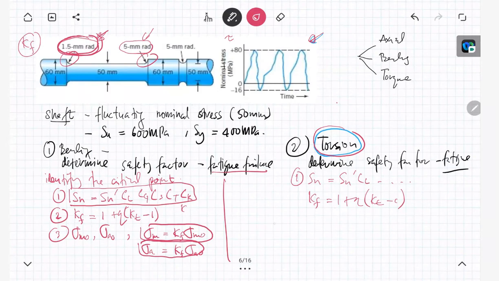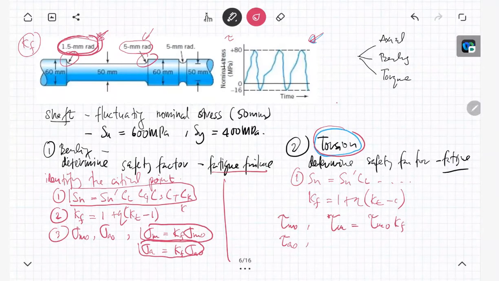Then you calculate the mean shear stress. So then you get the value of mean shear stress and alternating shear stress, then times the real, this is O, so this Tm equal to Tmo times Kf.